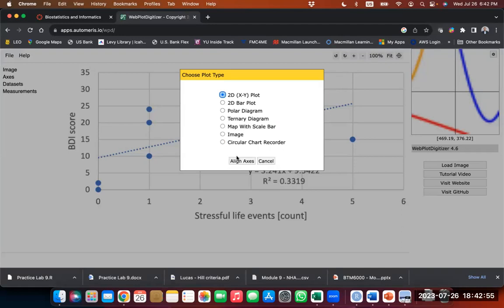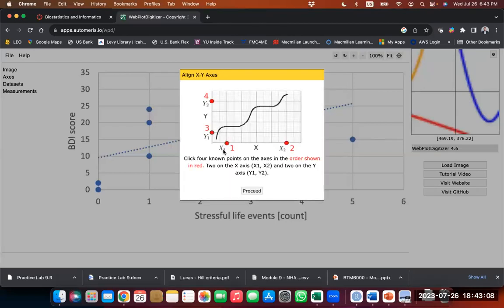You select then what kind of graph that is. If you say this is a 2D XY plot, you basically let WebPlotDigitizer know this is a graph that you copied from somewhere. Then it prompts you here to quantify X1, X2, Y1, and Y2.